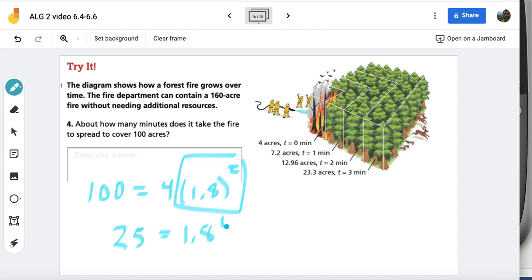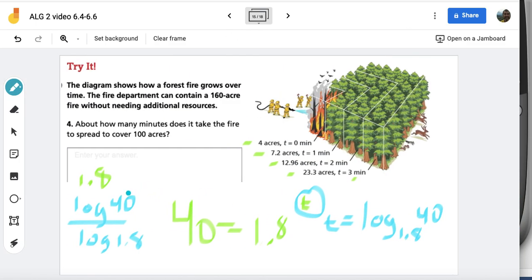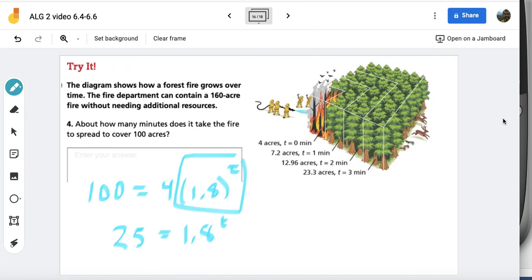And if you remember what happened over here, it ended up being log of 40, log of this number, divided by log of this number. That's what I'm going to have. t is going to equal log of 25 divided by the log of 1.8.